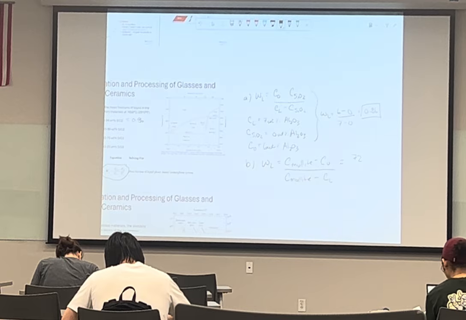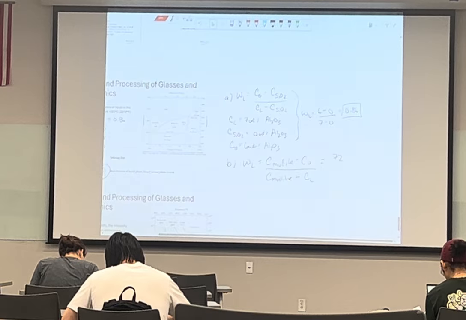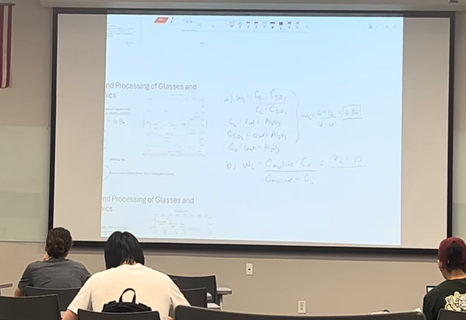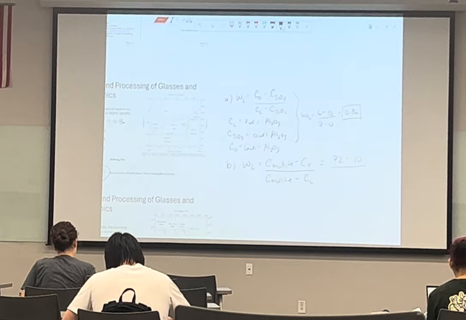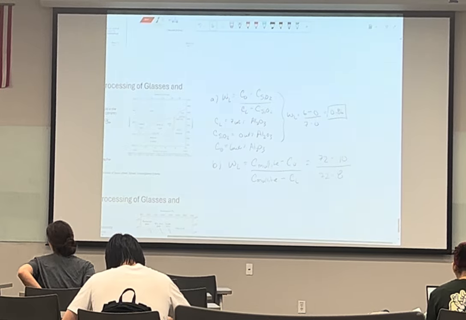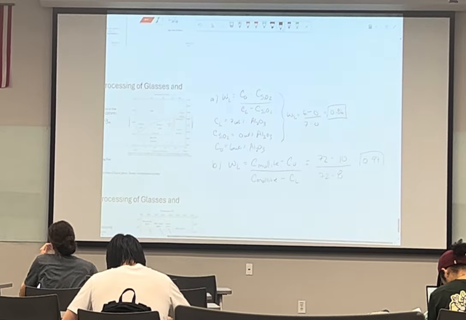And we know that the original composition of our alumina is going to be 10%. So if you do that math, you should end up with something that is 0.97 for part B.